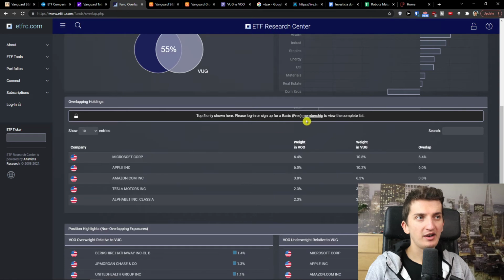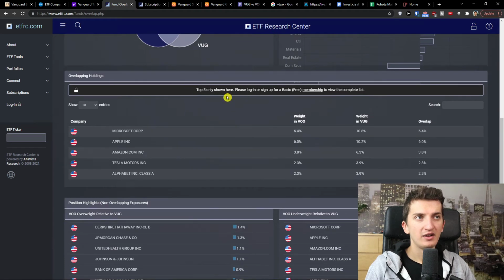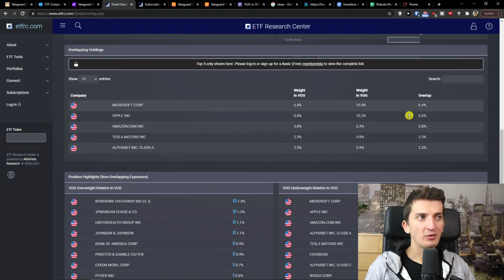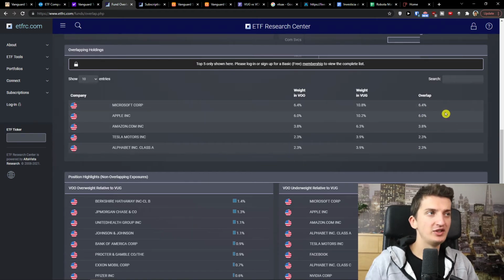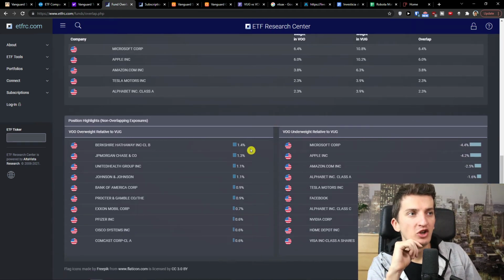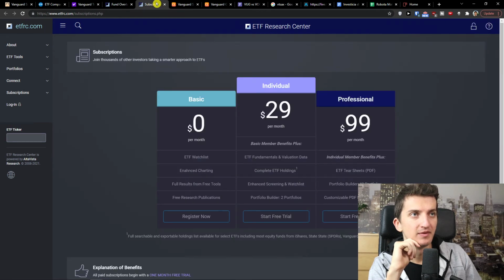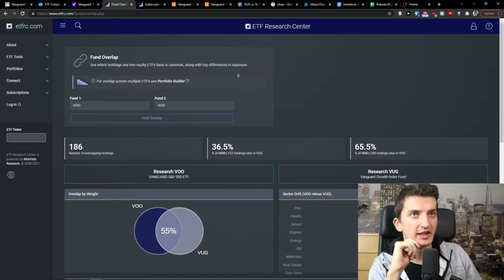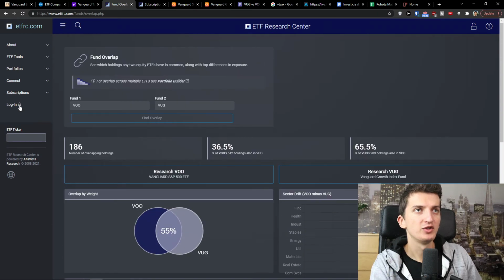Then we see the overlapping holdings, and what is the overlap, the difference? This is 6.4%, 6%, and then non-overlapping exposures. So that's something to think about.